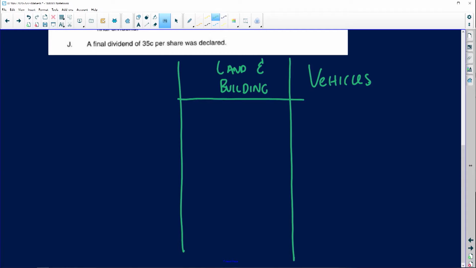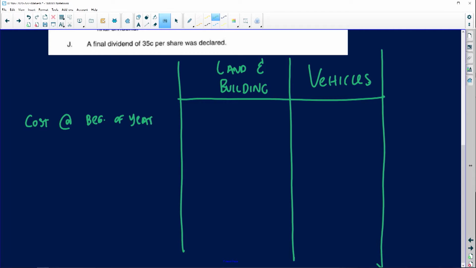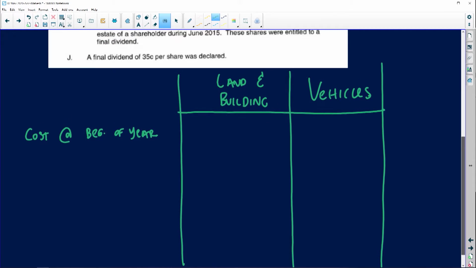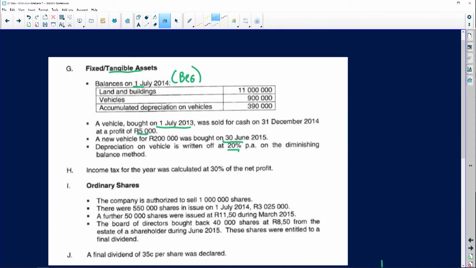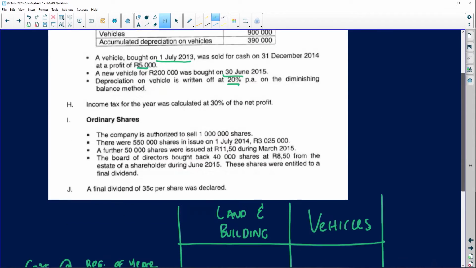So let's quickly tackle land and buildings first, and then we'll get to vehicles. So my land and buildings cost at the beginning of the year, if we scroll to the top of the page, land and buildings at the beginning of the year is 11 million.